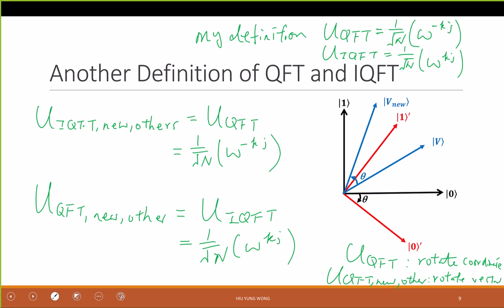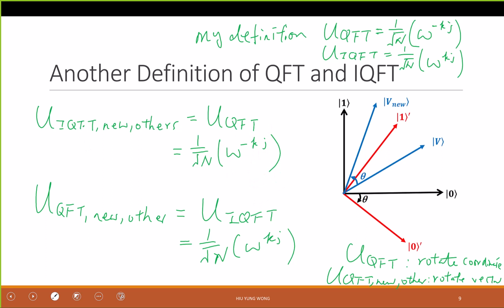Does it mean Hermitian? It's not equal to the inverse. QFT is not equal to the inverse of QFT, because one is minus, one is plus. Here you're saying that there is another definition. Someone called the inverse quantum Fourier transform is the same as our definition.